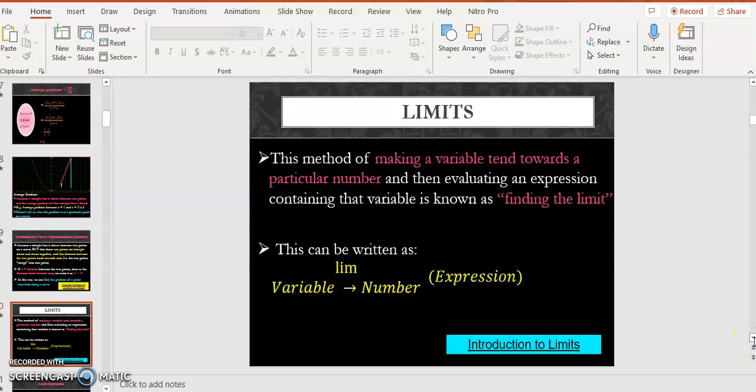Okay, this one brings us to what we call limit. So here, this method of making a variable tend towards a particular number and then evaluating an expression containing that variable is known as finding the limit. So this can be written as lim, that is limit, a variable.